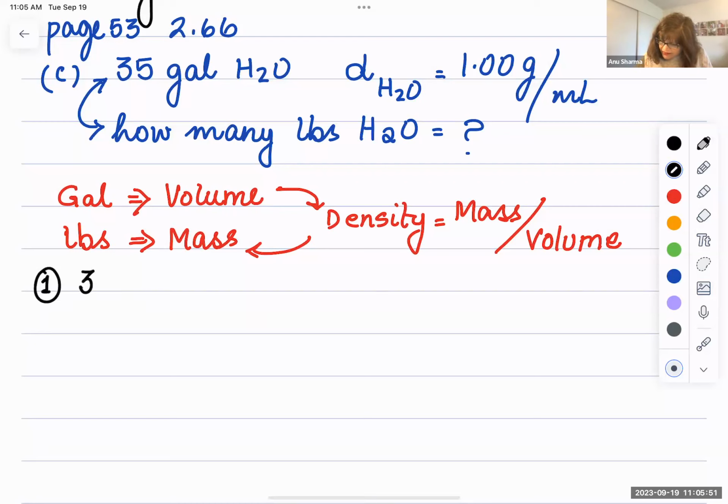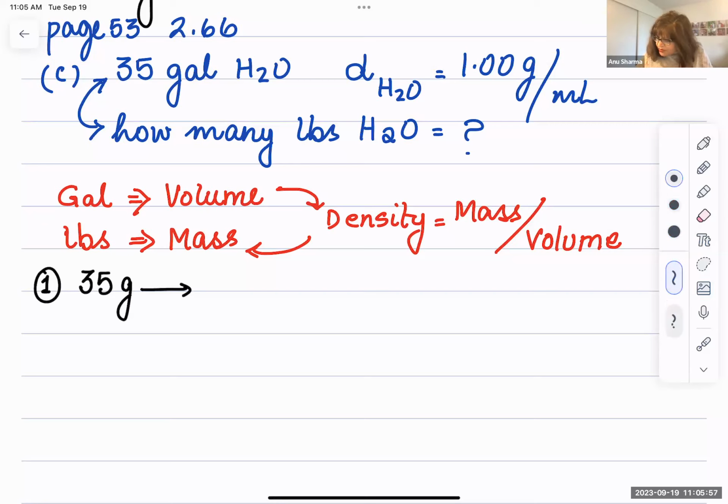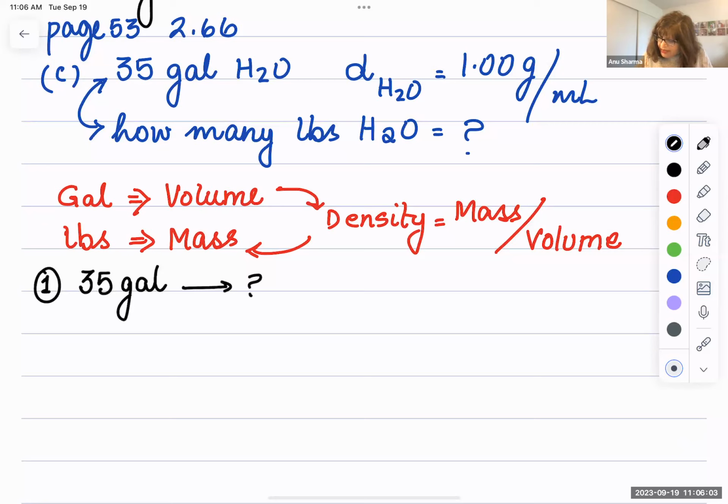Then the grams will cancel out using the density.